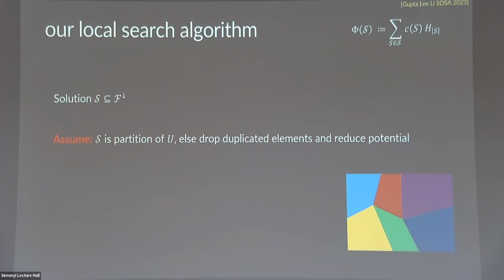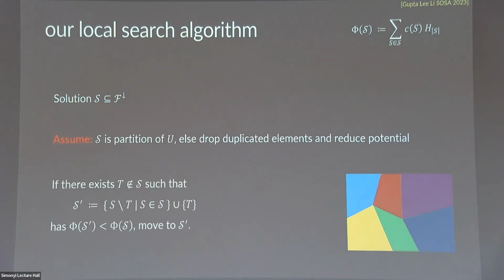So my solution looks like this. The cost of the subset is the same as the cost of the big set. Absolutely. Good. So I have a partition of the space.